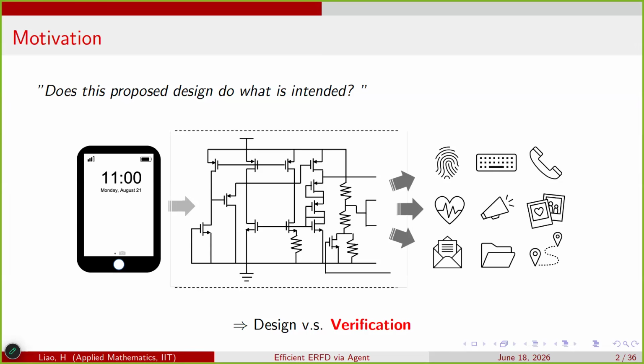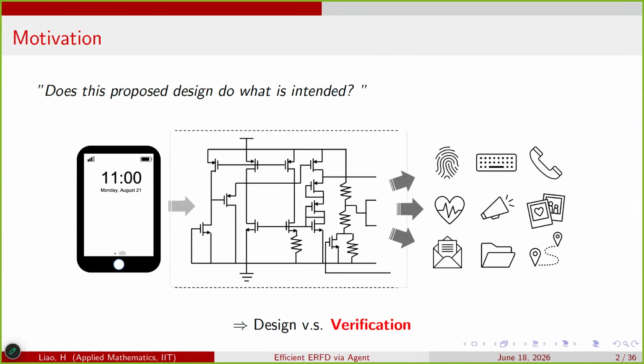So we need to design certain chips to make them able to do all the functions we want. But there are usually lots of attributes, lots of features we want to achieve, and there are tons of parameters we need to consider. But in reality, we don't actually know their relationships, right? So it will be really hard.